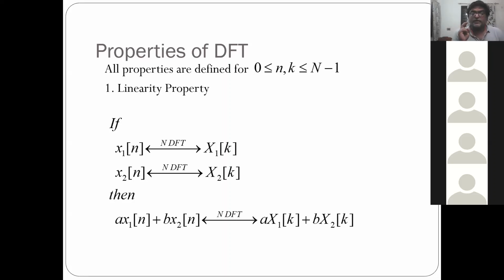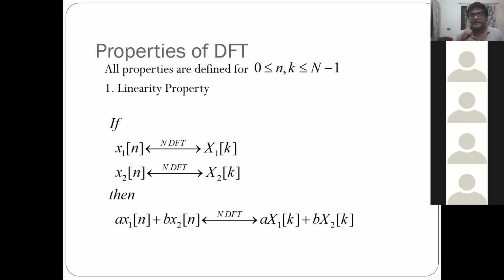Okay, so now you have 6 samples in X of k. You are taking a 6-point DFT, which means you have divided the frequency spectrum from 0 to 2 pi using 6 samples.